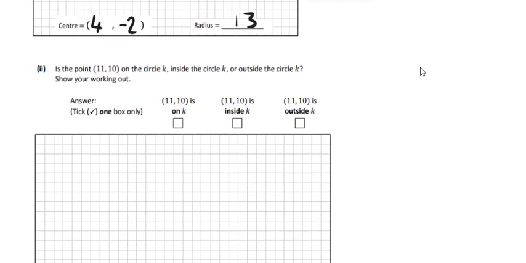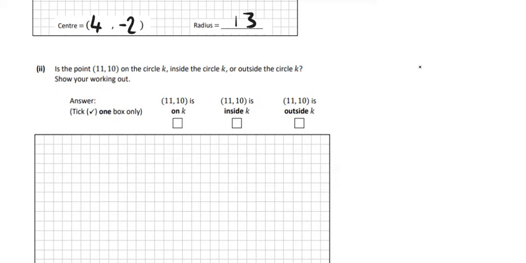The second part then is: is the point (11, 10) on the circle K, inside it or outside it? For any circle, if the point is inside the circle, then the distance from the center to that point has to be less than the radius.